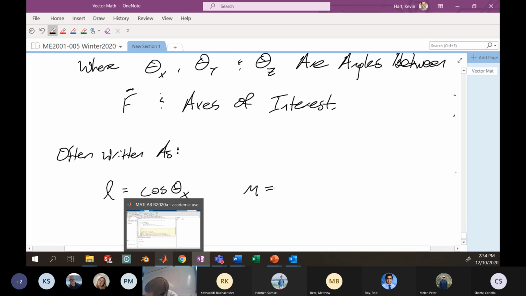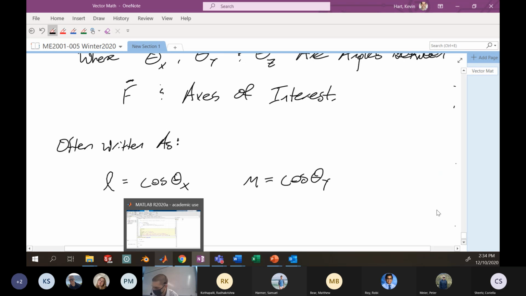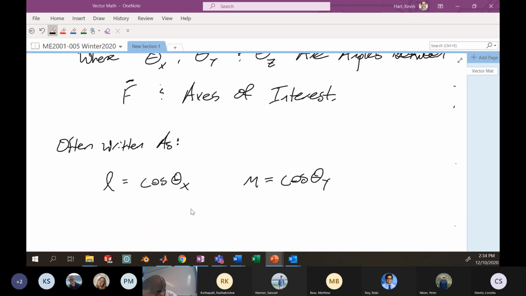Script M is cosine theta y. And script N is cosine theta z.